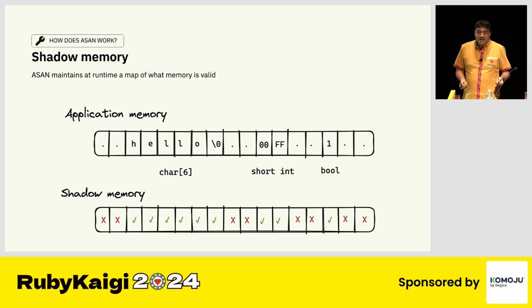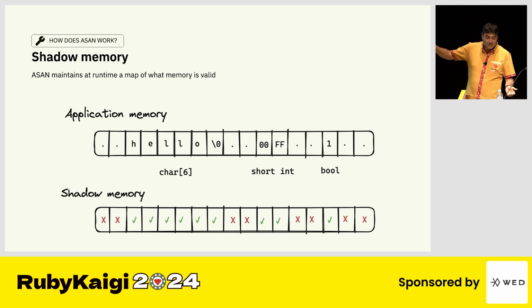So ASAN maintains, at runtime, this thing called shadow memory. And that means you've got a complete map of what memory is valid at all times in the application. Your program might have some variables in memory, like this character string or this number that's on here. And in between those is empty space.